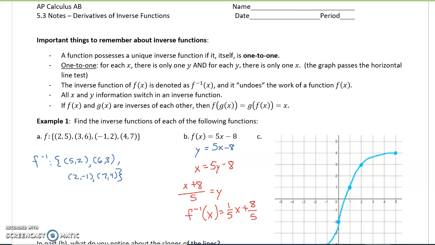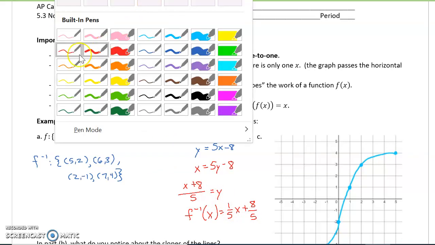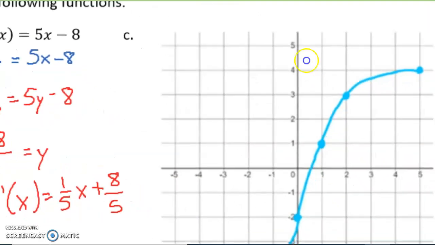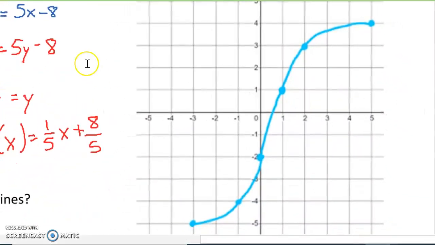Okay. Graphically speaking, same idea. We're just going to flip the x's and y's. So if I give you a graph and I ask for the inverse of that graph, invert each point. So the point (-3, -5) is going to invert to the point (-5, -3).